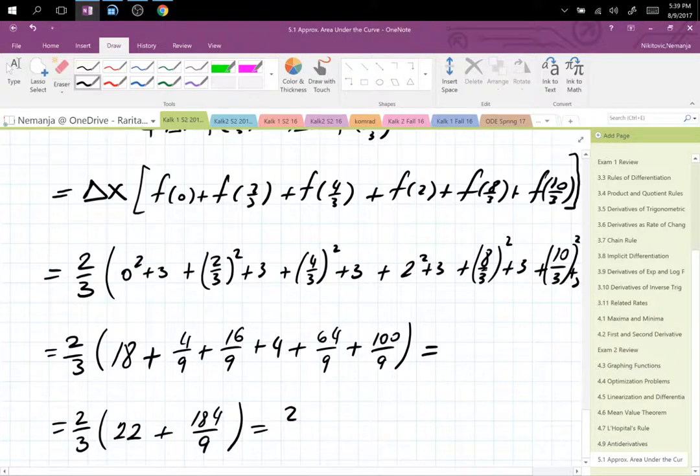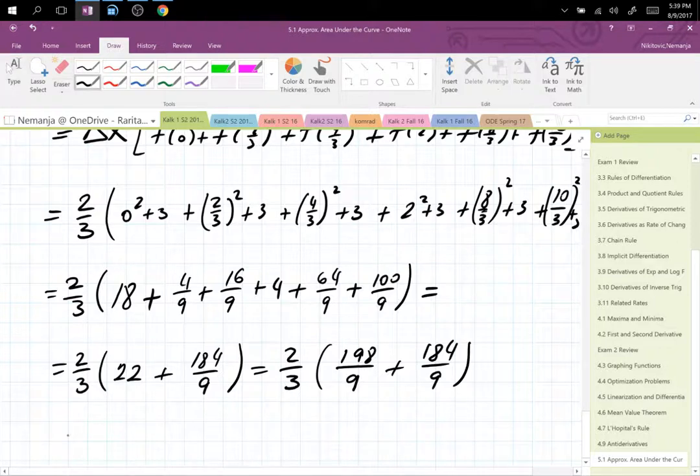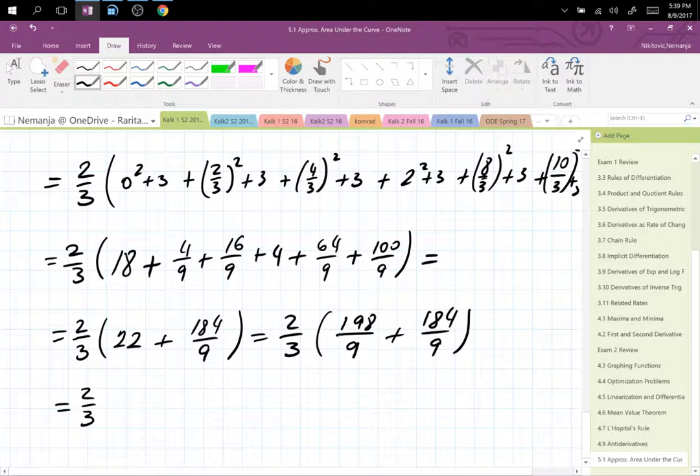Common denominator, so now this is just middle school. So that's 198 over 9 plus 184 over 9, which is 382 over 9.